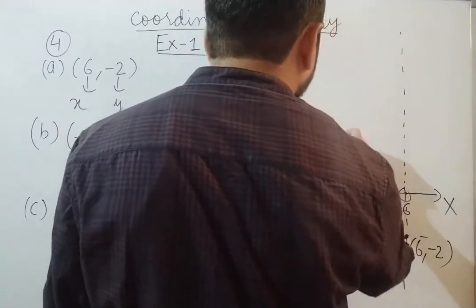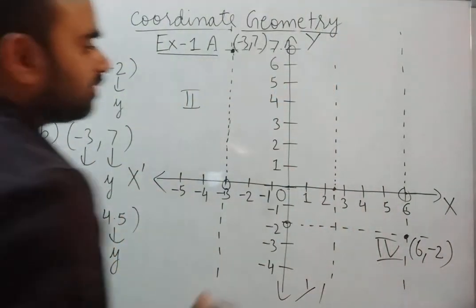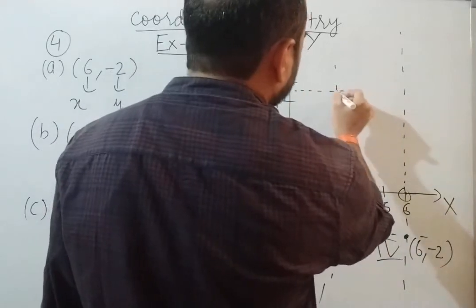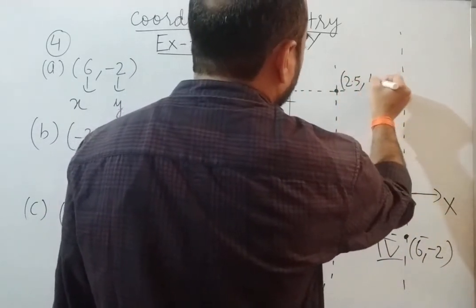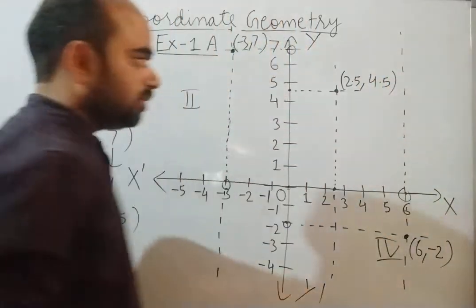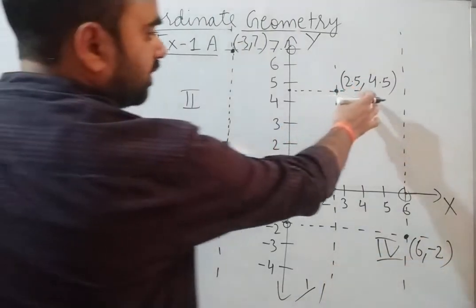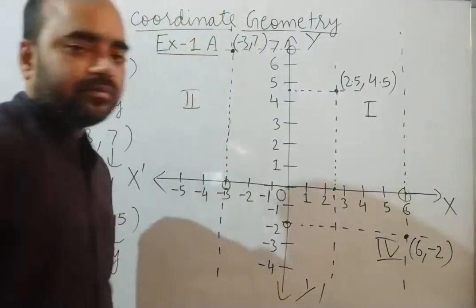So this is 2.5, correct? And 4.5 means the mid value between 4 and 5. So this is the point 2.5, 4.5. First quadrant. Why? Both are positive.